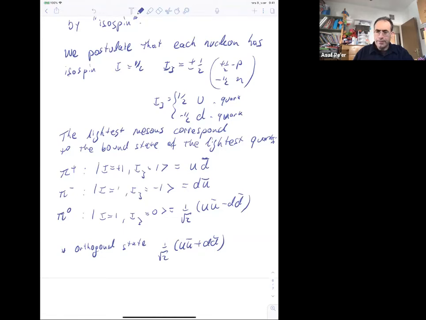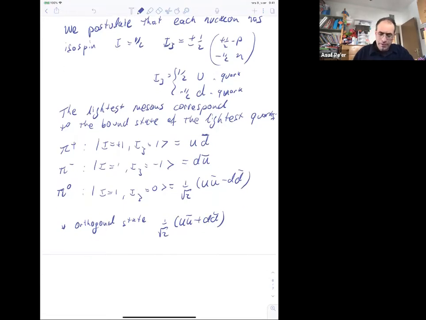But actually, this is not the case because there is a better symmetry that works here, which is 1 over square root of 3 of u ubar plus d dbar plus s sbar. s is a strange quark. So this is the correct orthogonal state to the pion 0. And I won't go deeper than that at the moment.